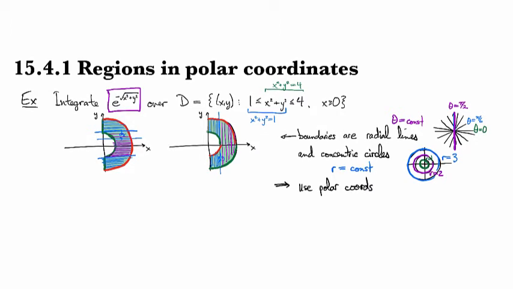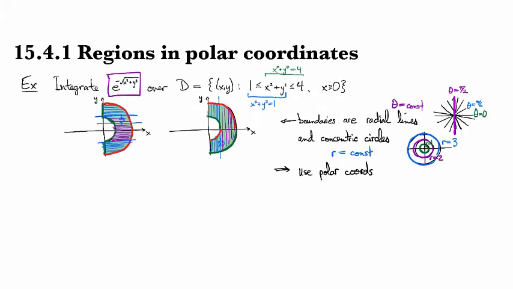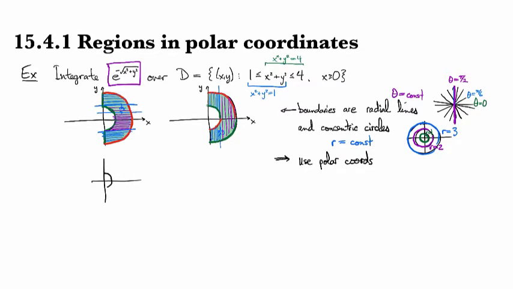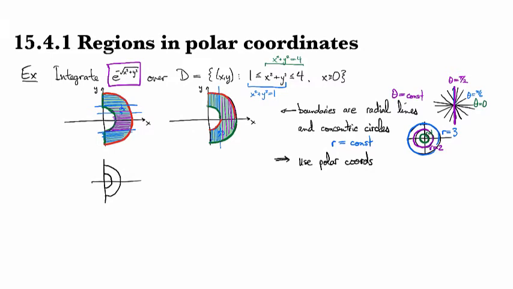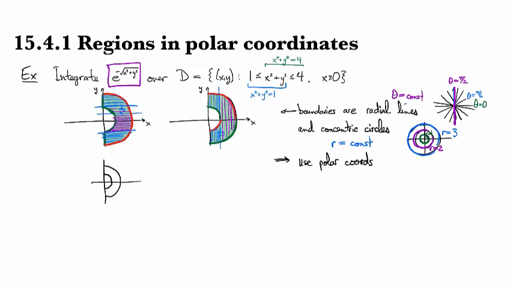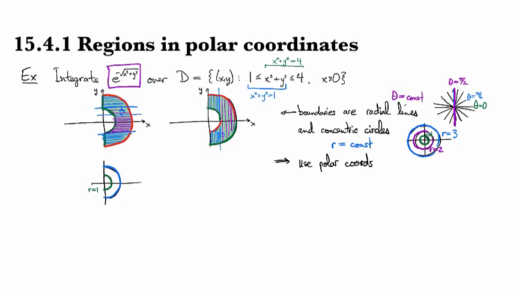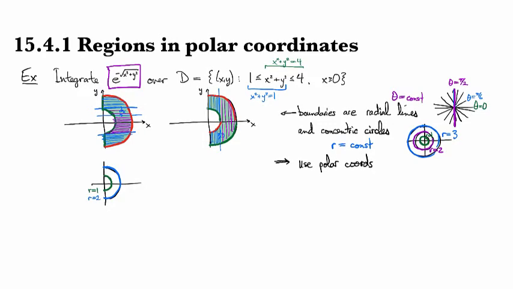to set it up. Okay, so going back to this region of interest here, as we just mentioned, we're going to be looking at this one right here, which is where the radius is equal to 1, and this one right here, which is where the radius is equal to 2.